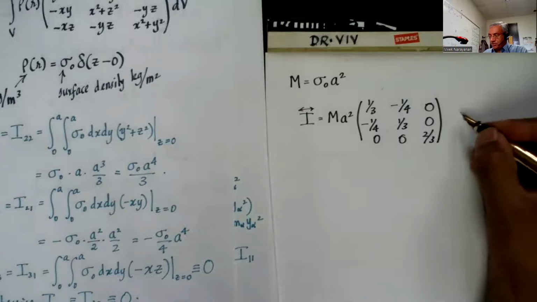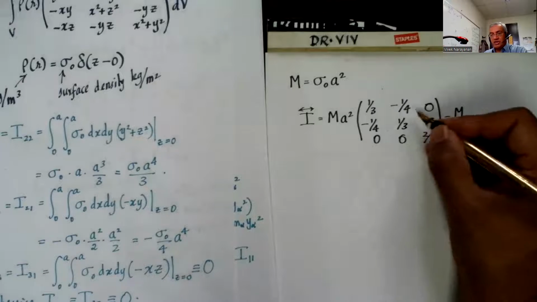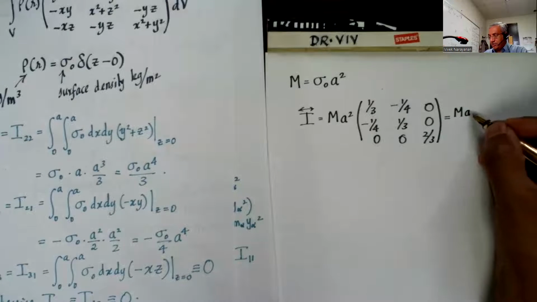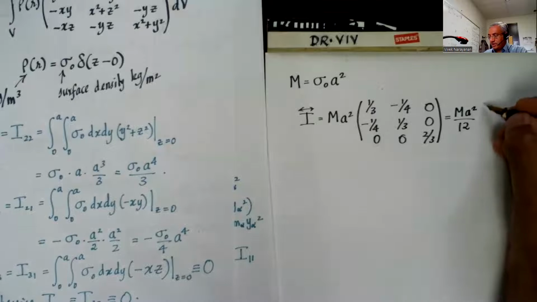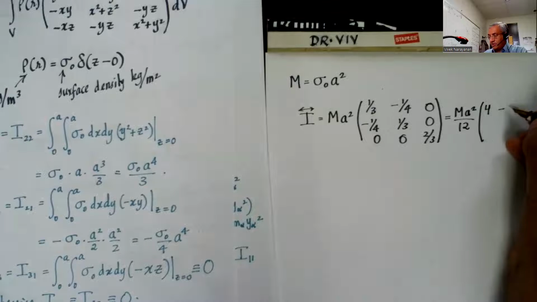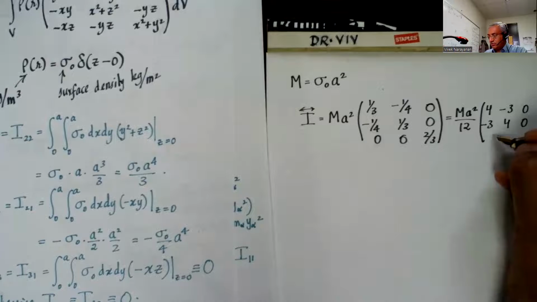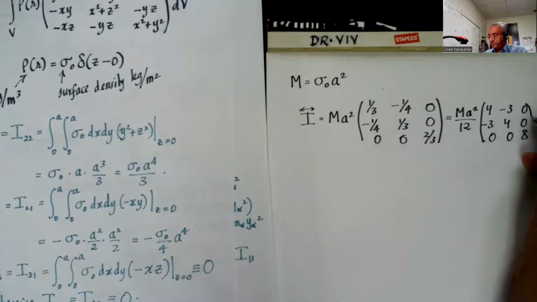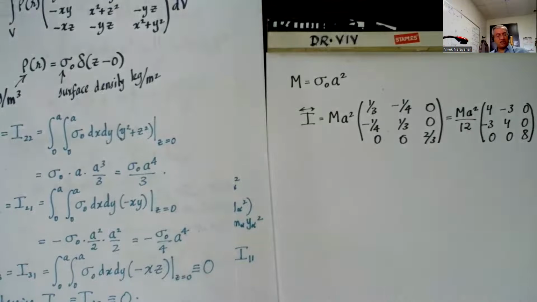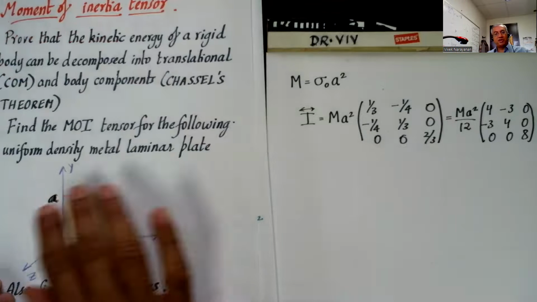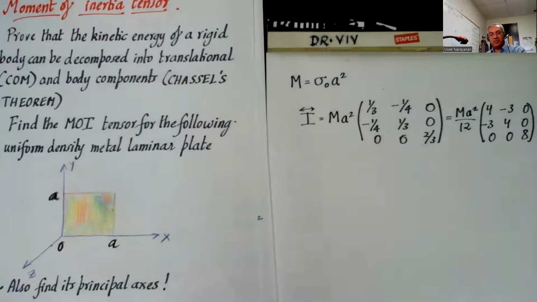Now I can take out 12 as a common factor, because 4 and 3 give you 12 as a common factor, m a squared over 12, and then I have 4, -3, 0, -3, 4, 0, 0, 0, 8. So we have succeeded in our ambition of finding the moment of inertia tensor for the laminar plate. Our next task is to find the principal axes, in which coordinate system you will lose all the negative numbers.